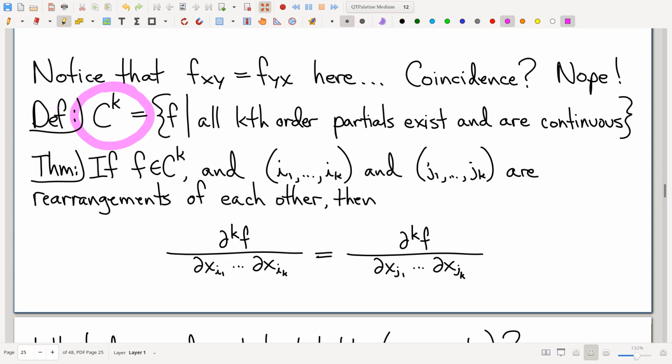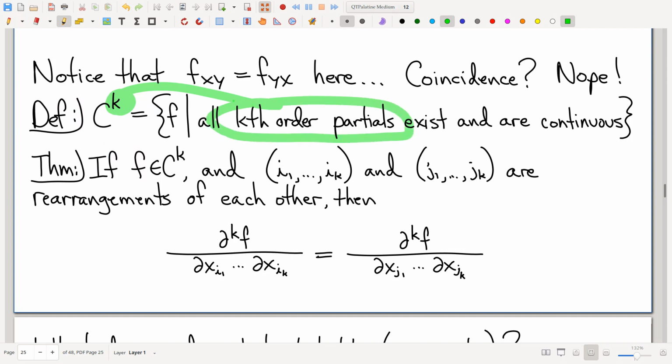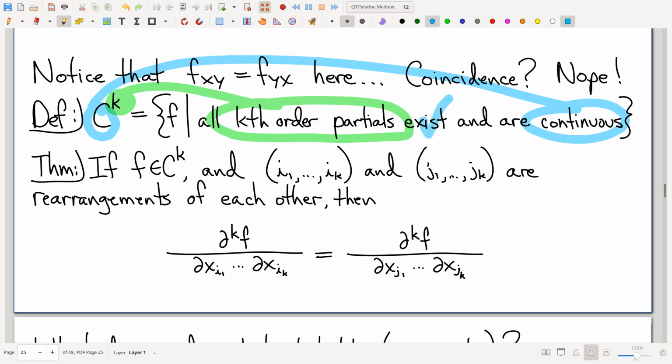The K says what order of partials we are going to talk about, and the C says I need those to be continuous. By the way, they have to exist, but that's implicit. If they're continuous, of course they exist. So the C stands for continuous, and the K stands for how many partials have to be continuous.